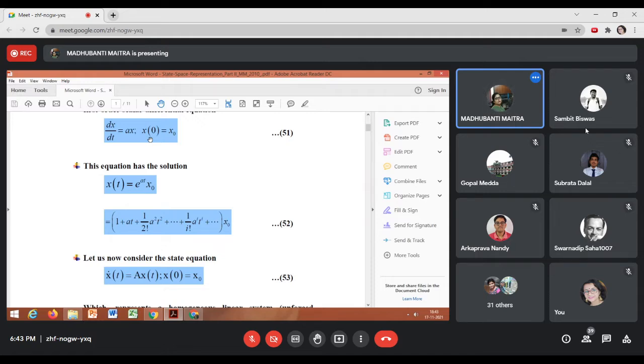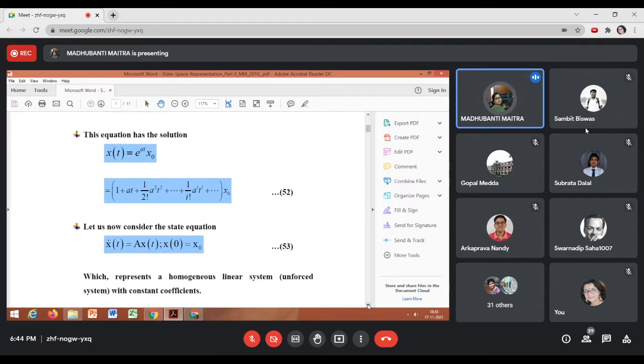So now let us consider the state equation where x is the state vector having n number of components like x1, x2, up to xn. The state equation in a compact form can be written like x dot t is equal to A x(t), or this can be written as dx(t)/dt, where x(t) is a column vector.